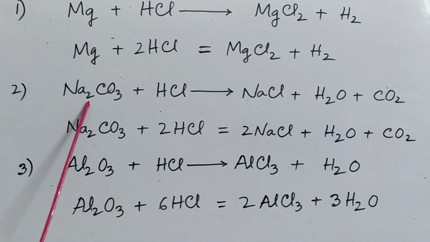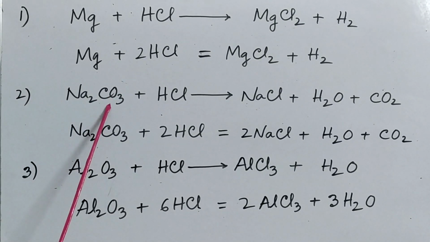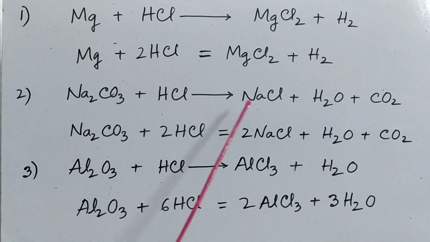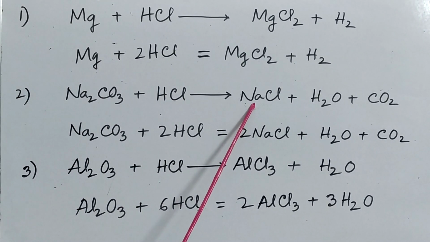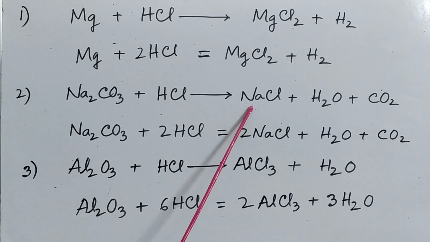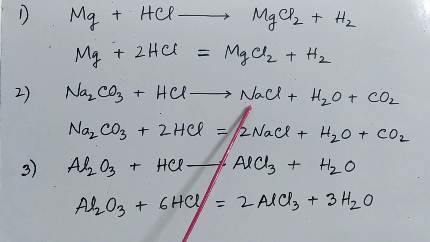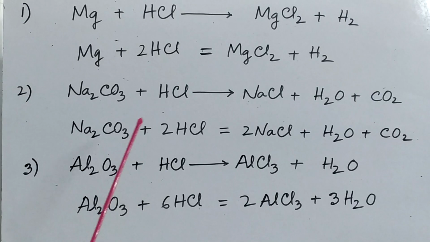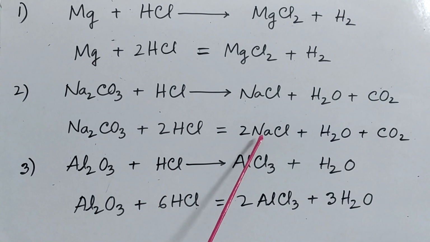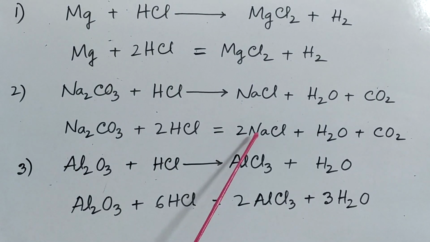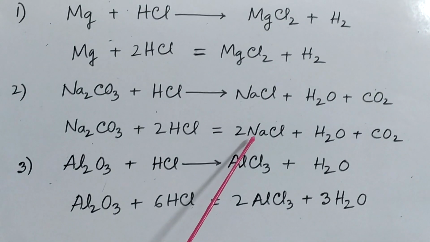So this 2 is the valency of carbonate. That means the number of atoms of sodium is 2, but on that side the number of atoms of sodium is 1. So we have to make it equal. So how? If I give here 2, then the number of sodium will be equal.